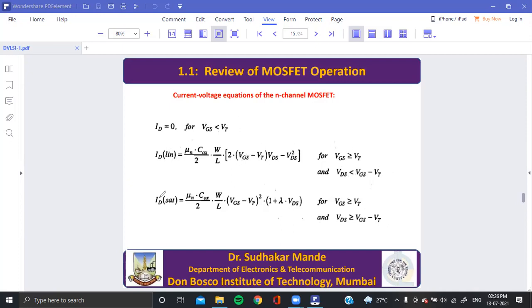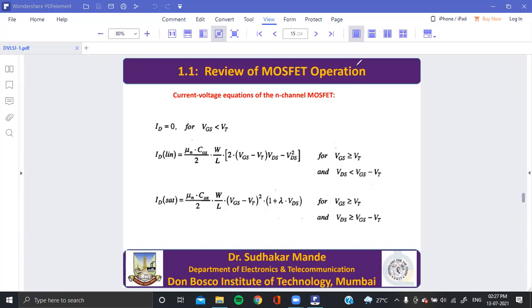This is the equation. And the saturation current is mu n COX by 2 W by L (VGS minus VT) squared into (1 plus lambda VDS), for VGS greater than VT and VDS greater than VGS minus VT. So you have to remember these equations.